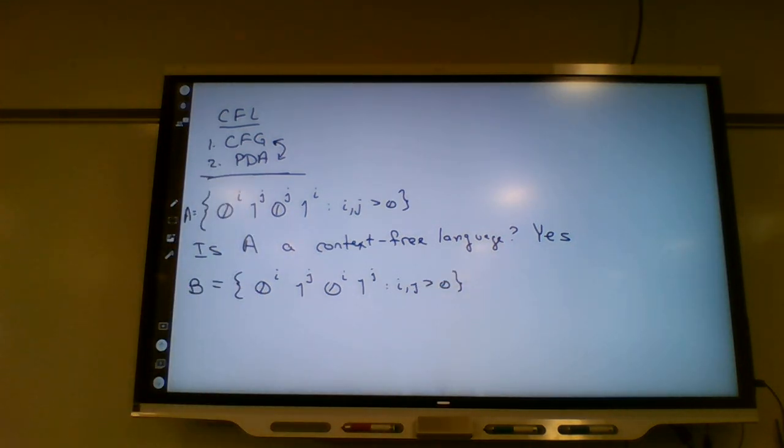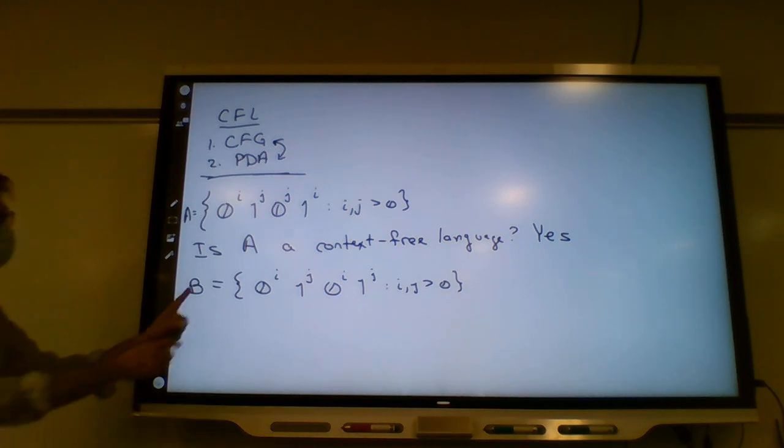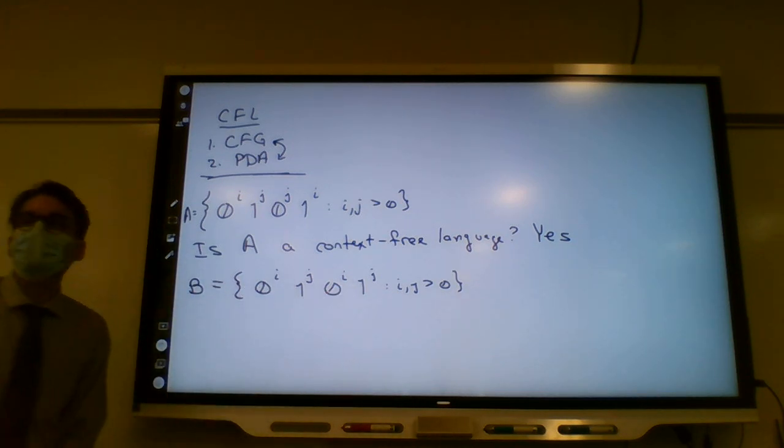What about this language? Now the number of zeros is the same here, and the number of ones is the same there.